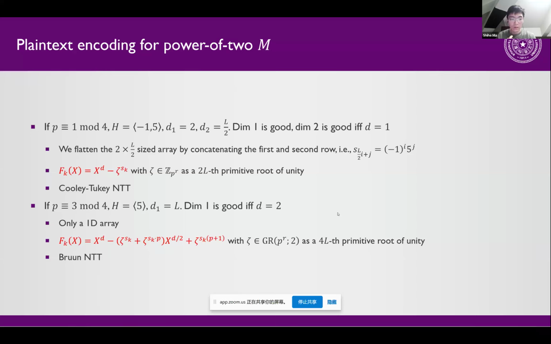And here, each of the factors fi is a binomial, so we can have the standard radix-2 NTT here. And if p equals 3 modulo 4, we have a single dimension in the plaintext structure, and this dimension is good only if d equals 2. But here, the factors fk become trinomials, so we have to use the less efficient Bluestein NTT.